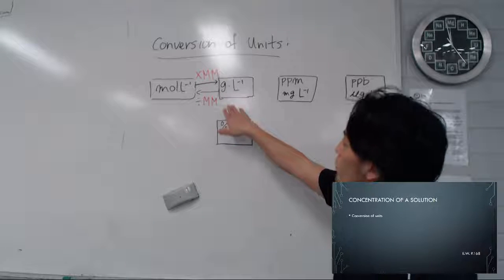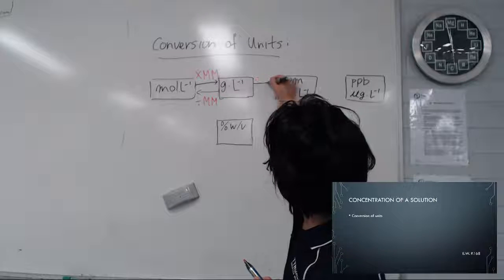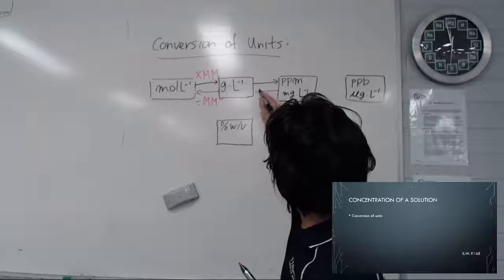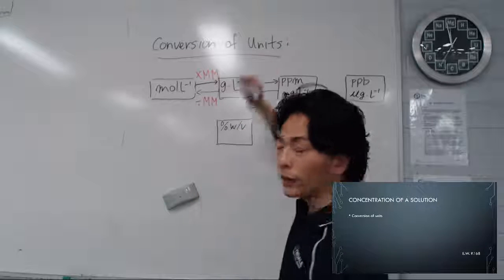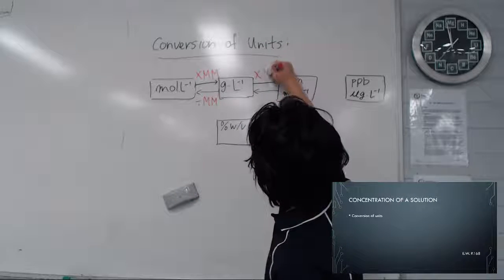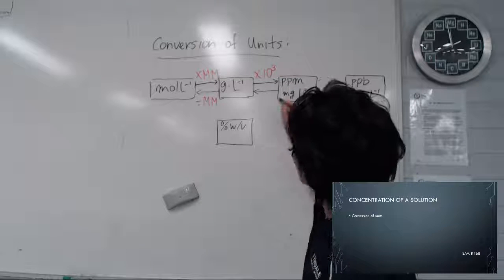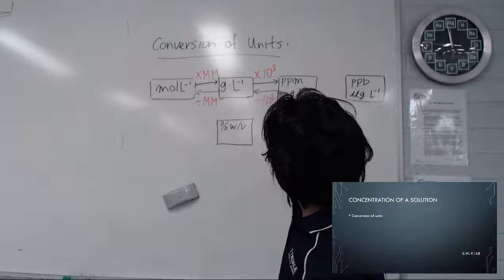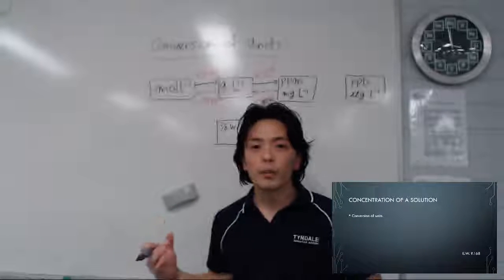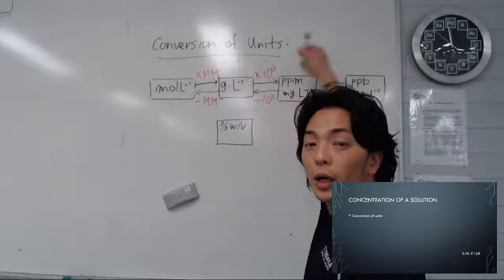So from grams per liter to milligrams per liter, something you would have done in math, I suppose, you would have to times by 1000. Now, 1000 can be shown with scientific notation as well. And the opposite operation will be dividing by 1000. So big number becomes small number, or small number will become bigger number.